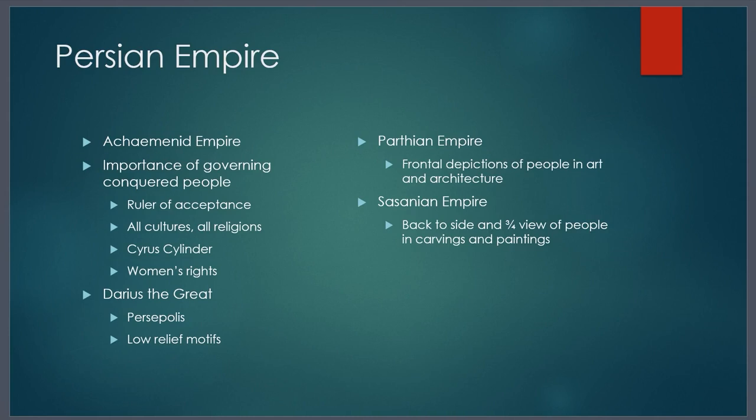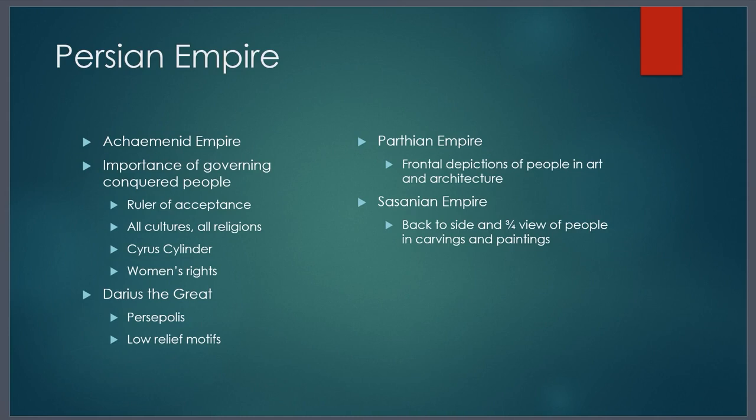So under Darius the Great, Persepolis was constructed. It's this beautiful piece of architecture, with incredible ways of carving, low relief motifs, and you're going to get into that during your reading. After Darius the Great, he was overthrown by the Roman Empire, and then after the Romans were kicked out, the Parthian Empire came to rise.